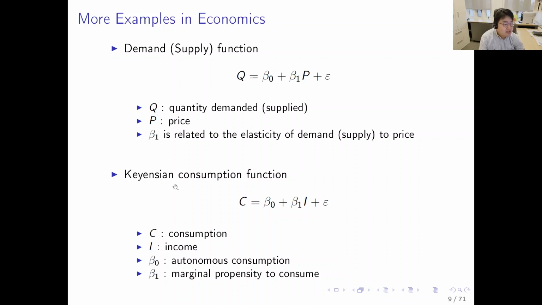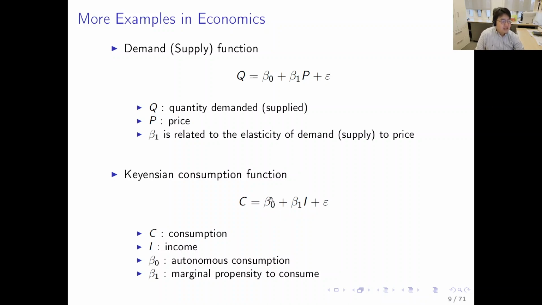The Keynesian consumption function assumes that your household consumption is a function of income, right? Of course, if you earn more income, then you are going to consume more. That is pretty straightforward. But Keynes thought that it is not 100%, right?